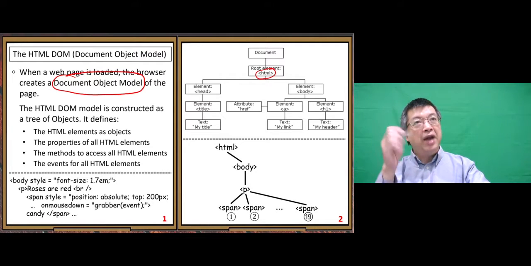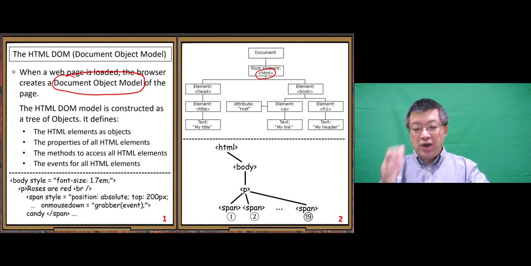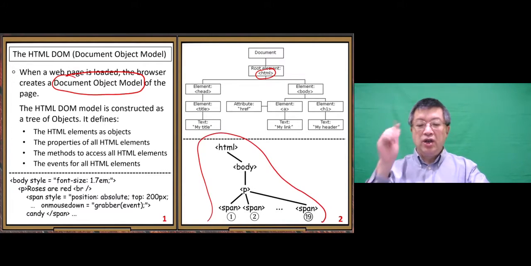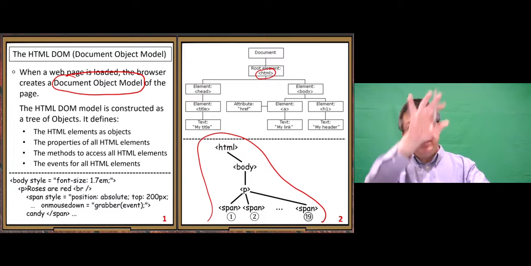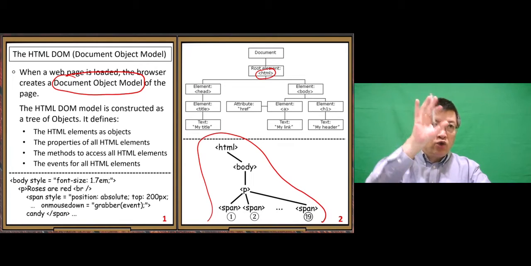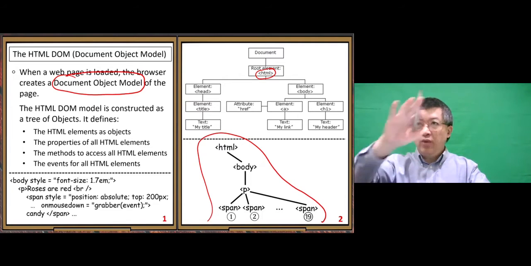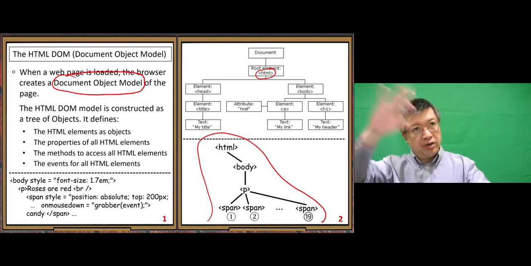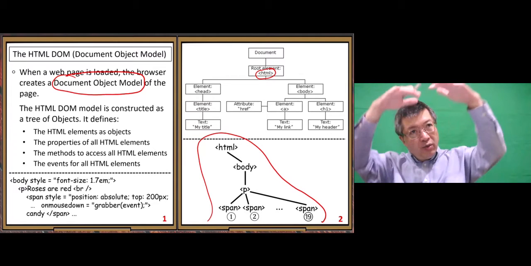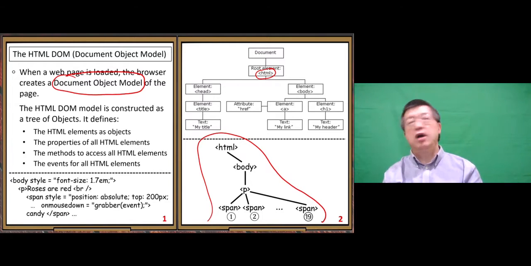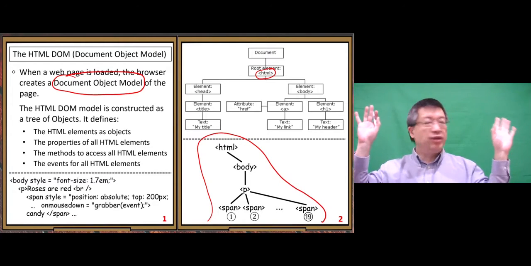We have 19 span elements, so we have a structure like this. This is the concrete structure corresponding to those draggable words. We want to drag those words, so we represent that portion of the document. Other parts, at this point, we're not interested in.